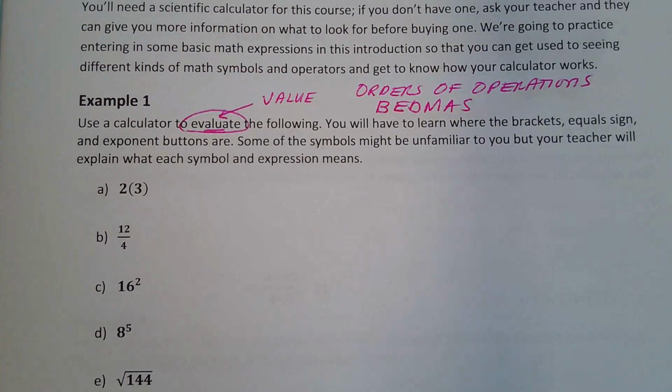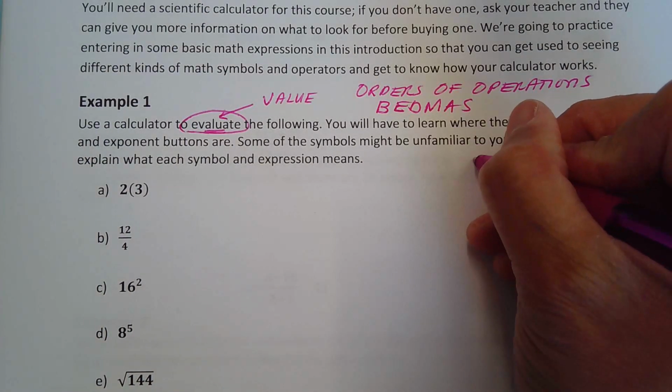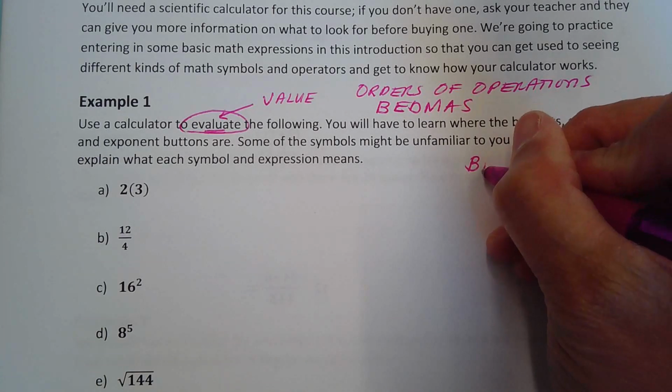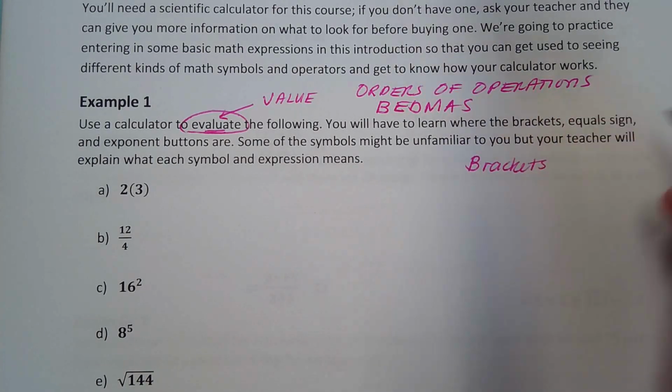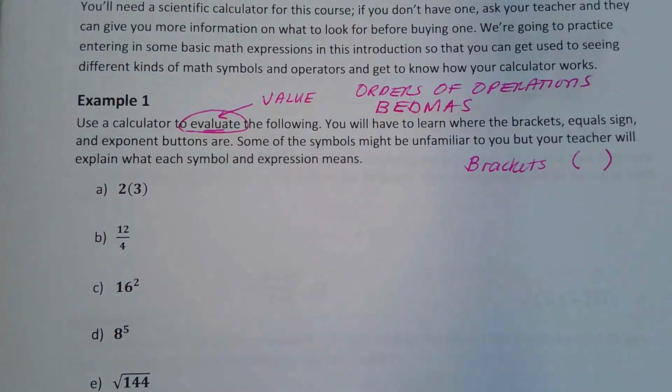I'm sure a few people in this class know what the B stands for. Brackets. So what's a bracket? I'm just going to put it on the side here. B means brackets. You'll probably use brackets like that.